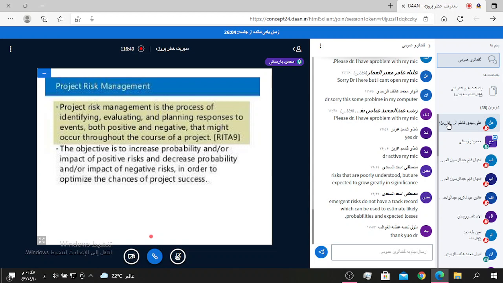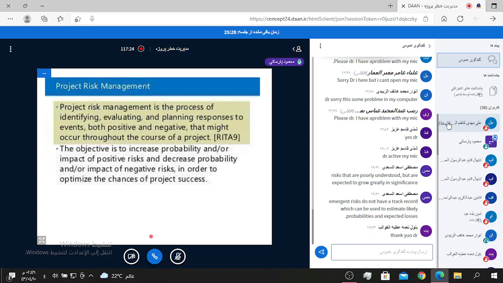I repeat from the first point about the project risk management procedure. Project risk management is the process or procedure of identifying, evaluating, and planning responses to events, both positive and negative, that might occur during a project.